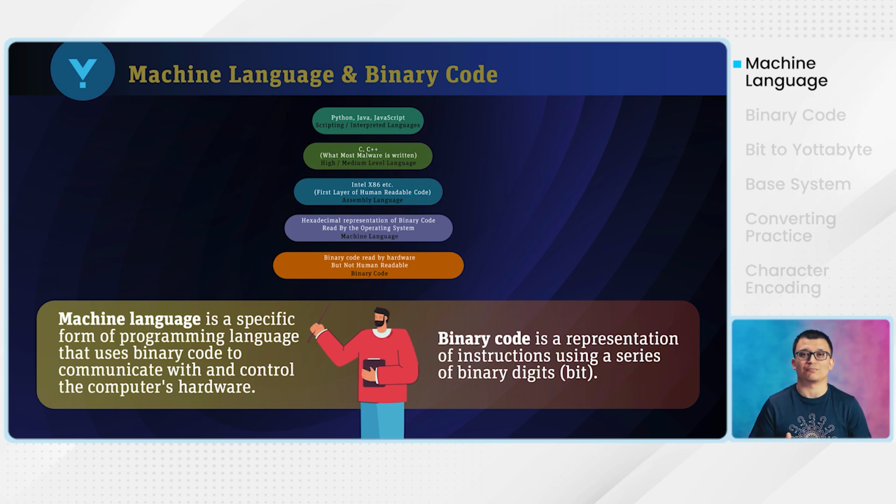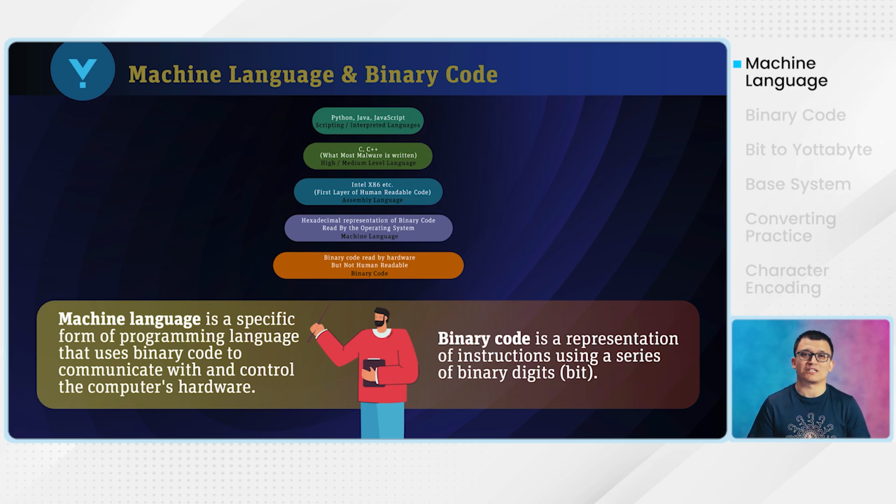It's the lowest level. That means the computer understands and executes it directly. As for the highest level programming languages, the computer cannot understand and cannot execute them directly. They need some other steps for the computer to execute them. This machine language uses binary code to communicate with the computer and control the computer's hardware.